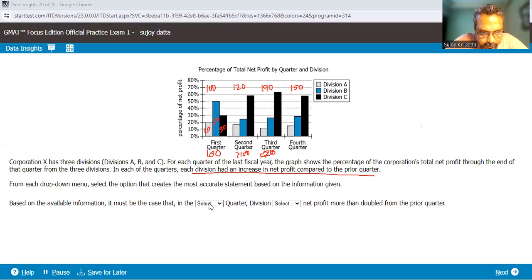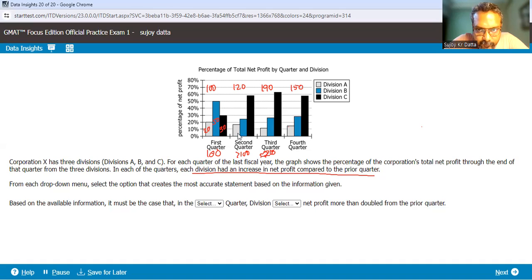It must be that in this quarter the division's net profit more than doubled. Okay, so from first to the third, it's almost doubled. This is 30%. That's more than 60%. It did more than double, but let's confirm with the others.